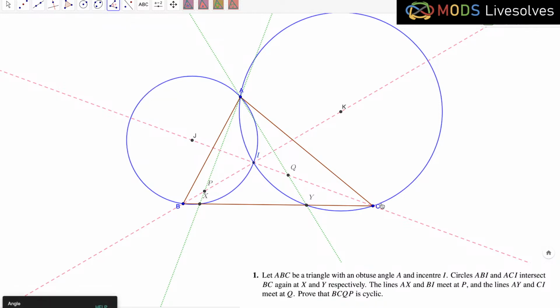I guess we know this angle, YAC is the same as YIC, just because they lie on the big circumcircle.